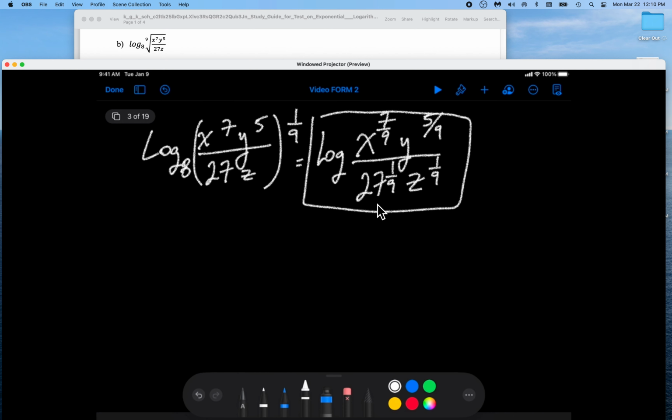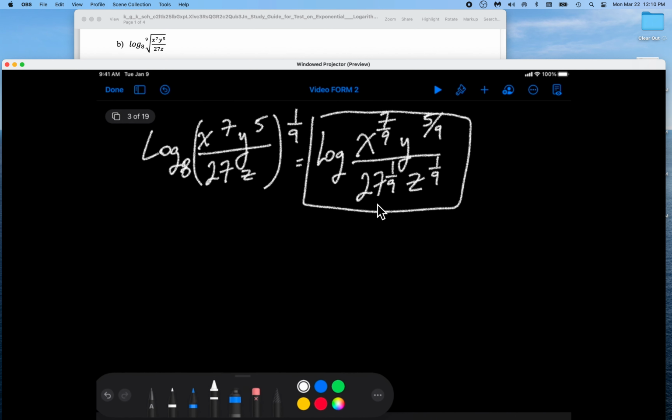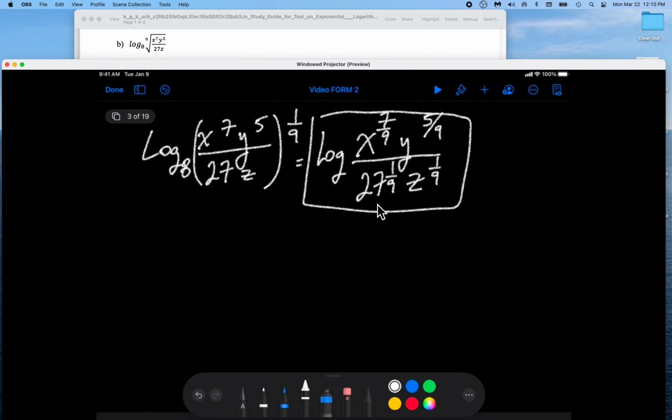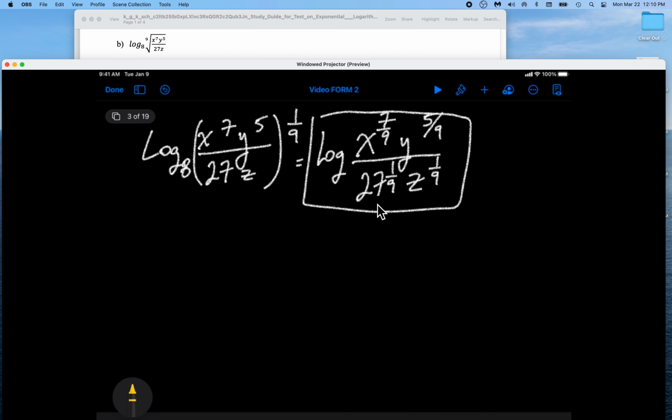Now what we're going to do is we're going to expand that by remembering anything in the numerator is going to have a positive sign. Anything in the denominator will be negative. As I'm doing this, I'm bringing each exponent out in front of the log.